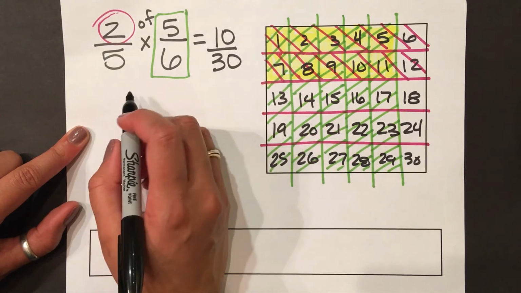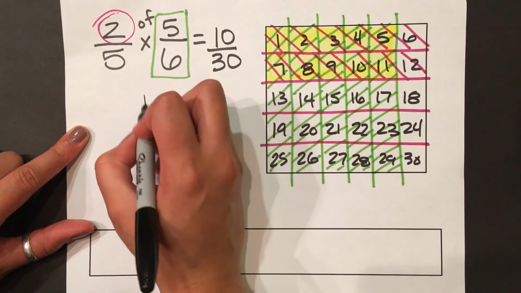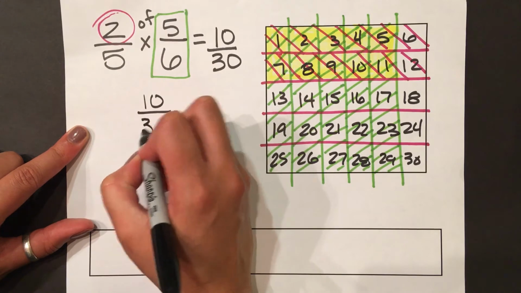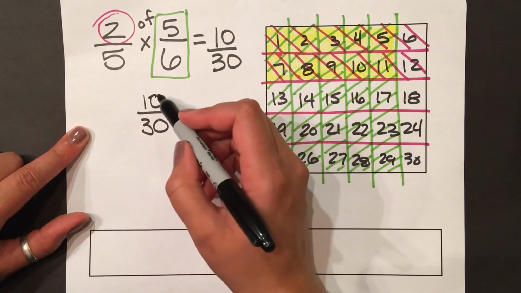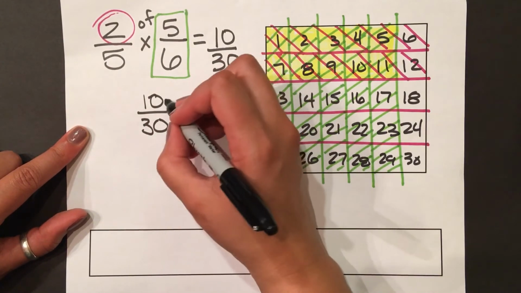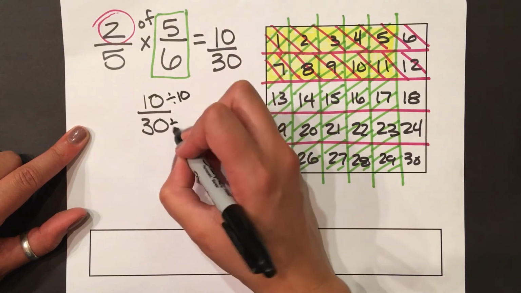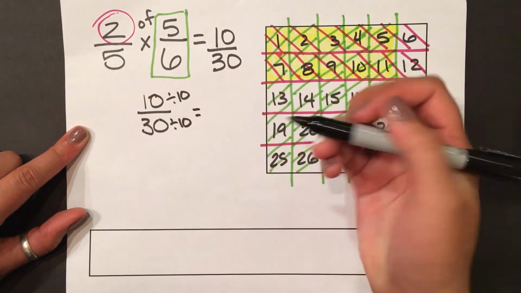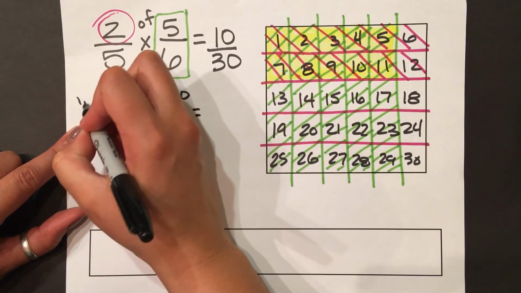So we are going to simplify this because we know it can be simplified, hopefully. 10 goes into both 10 and 30, because we found our greatest common factor, if we need to.